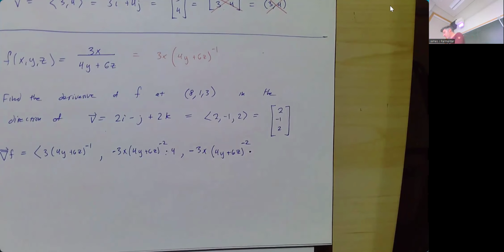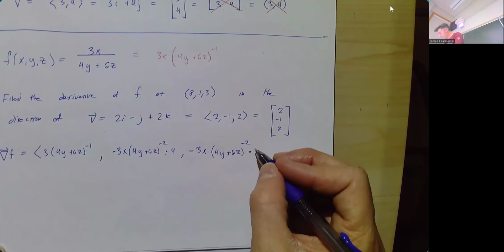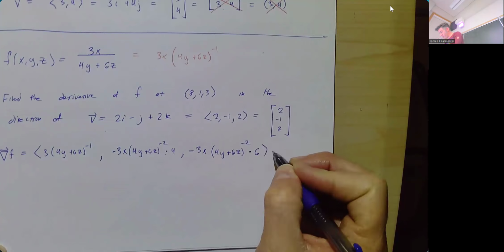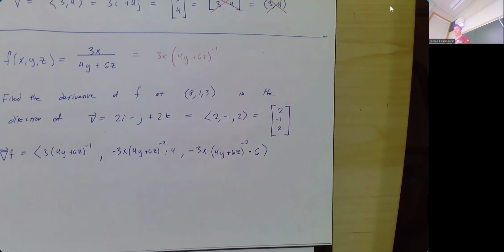Instead of multiplying by 4, I'm multiplying by what? Right, but the rest is the same. I had some stuff to the negative first, and the derivative was negative 1 times my stuff to the negative second. And then at the end, I multiplied by the derivative of the inside, and that was 6 here where it was 4 over here.